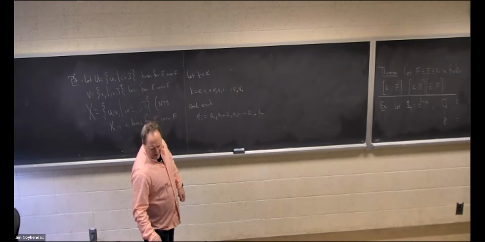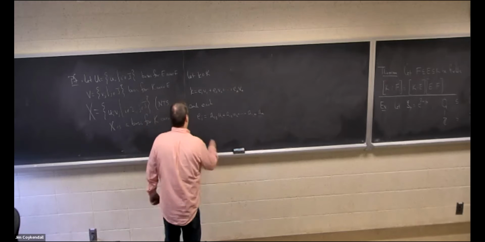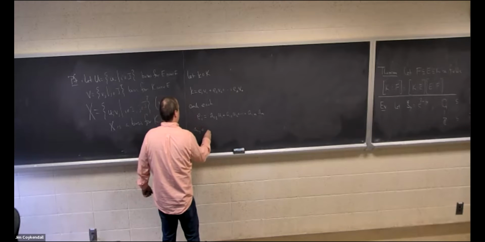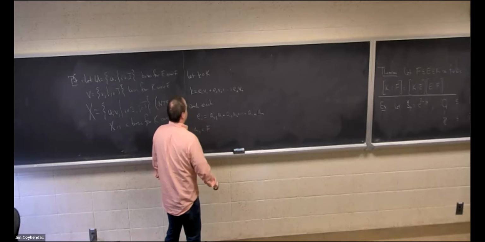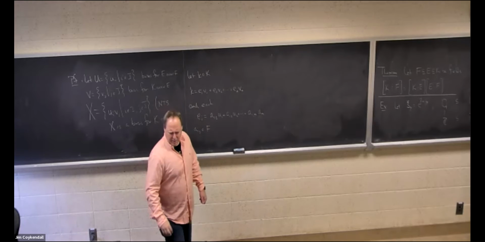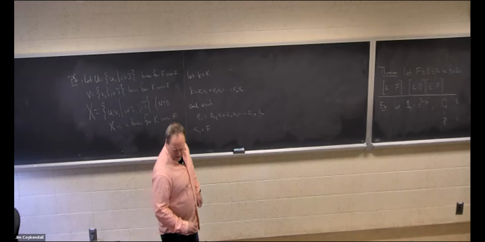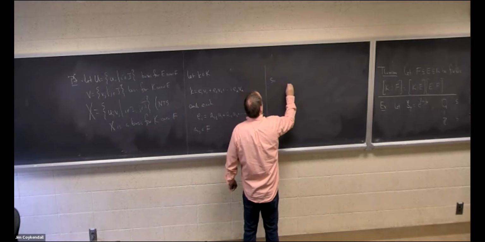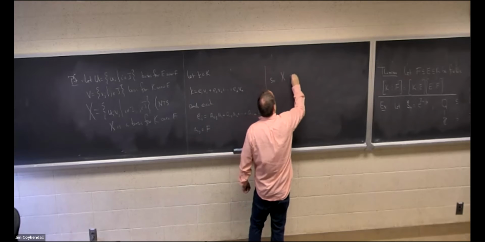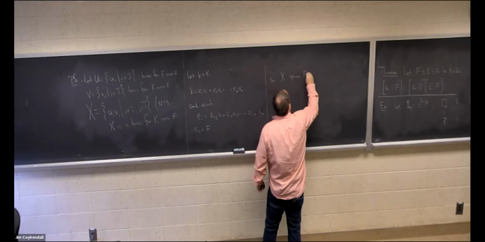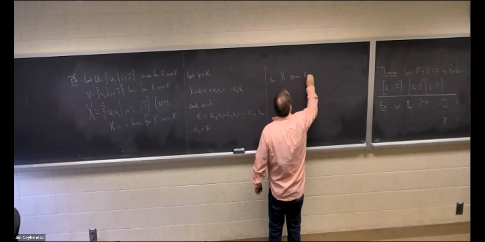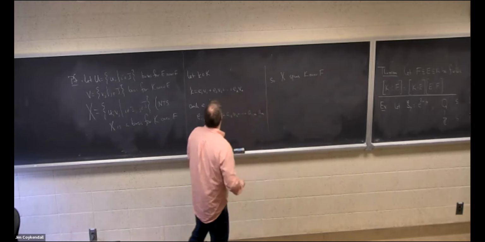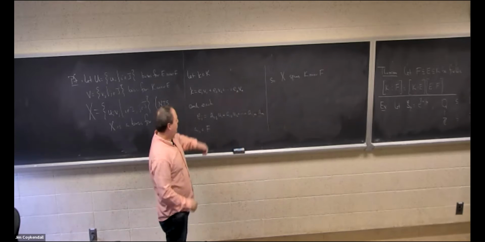With a_ij in F. And so in particular, X spans K over F, because you all see what we do, right?